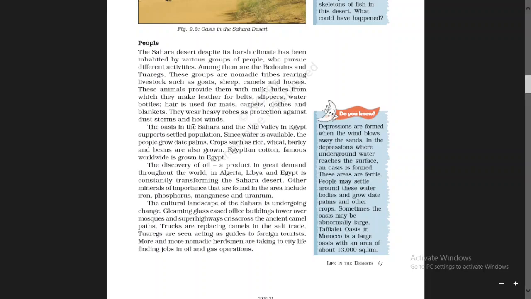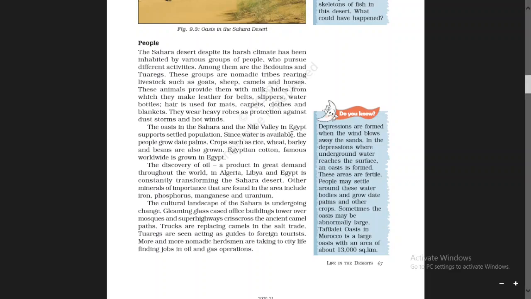The oases in the Sahara and the Nile Valley in Egypt support a settled population, those who are living there.